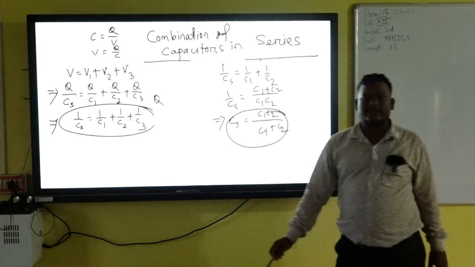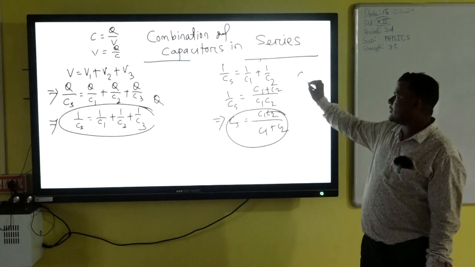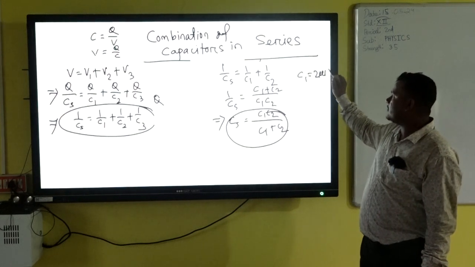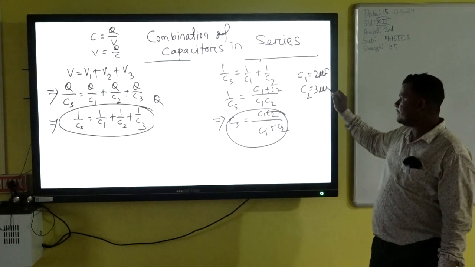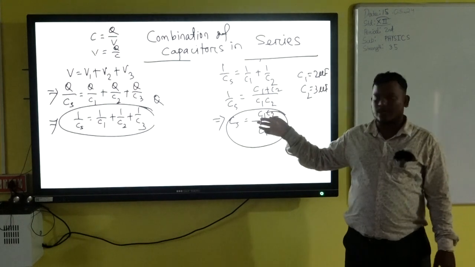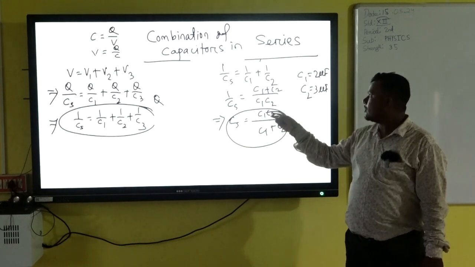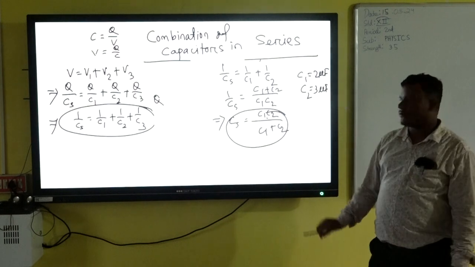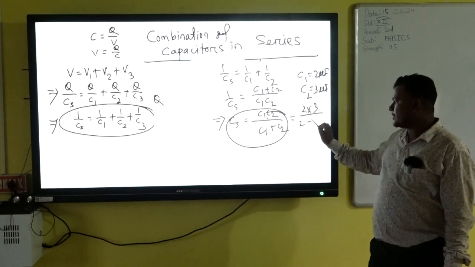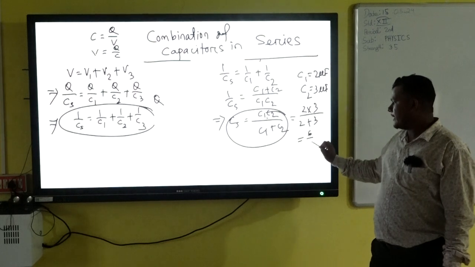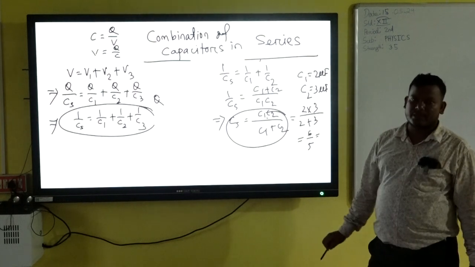So if you check, let one capacitor have capacitance 2 microfarad, and the second capacitor have capacitance 3 microfarad. Then if you put the values here, C1 equal to 2 microfarad and C2 equal to 3 microfarad, the answer will be 2 into 3 divided by 2 plus 3, so that is 6 by 5, that is 1 point something.